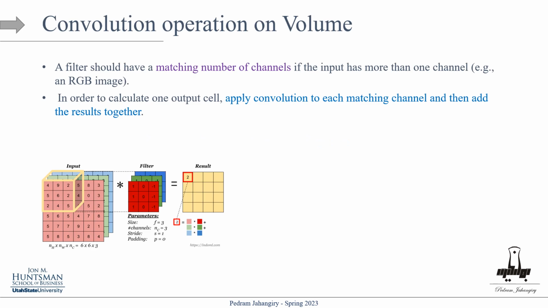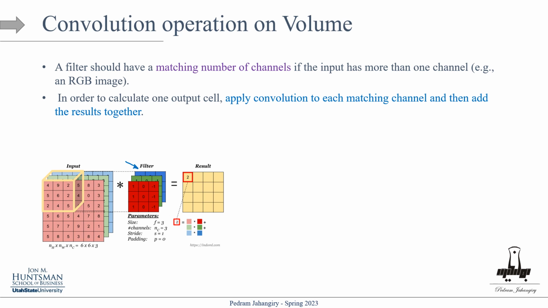Okay, starting with convolutional operation on volume. This is also called standard convolution, and this is what we basically use in TensorFlow. We call it Conv2D, right? So let's see what the idea is. The idea is that a filter should have a matching number of channels if the input has more than one channel. For example, if you have a color picture, there are 3 channels, RGB, and that means your filter needs to have the matching number of channels. Your filter needs to have 3 channels in this example.